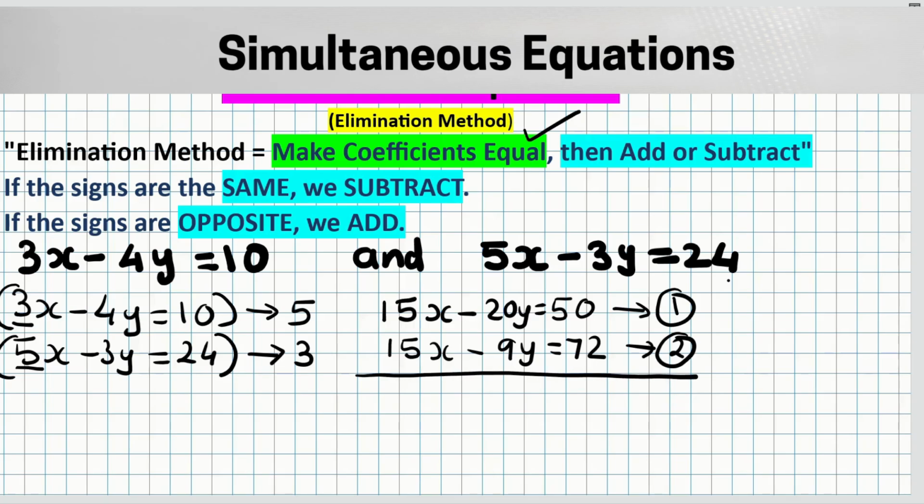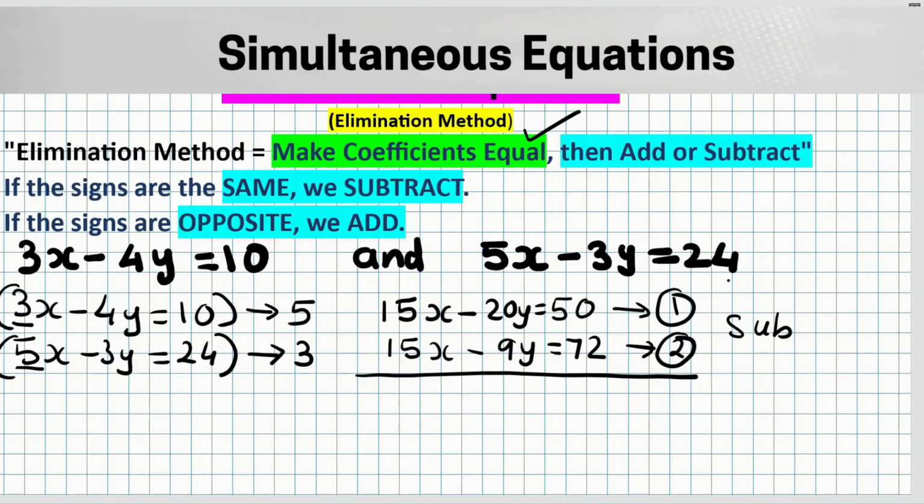But if you observe carefully, now we have to do addition or subtraction. This time we are not going to add, but we are going to subtract because the signs are the same: plus 15x and plus 15x. So we are going to subtract equation 2 from 1.